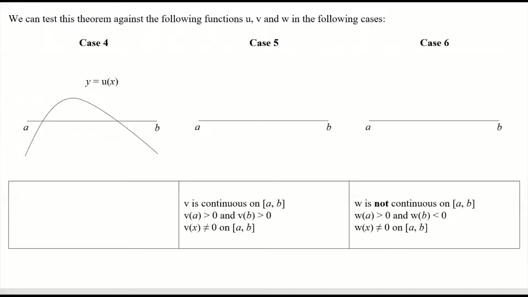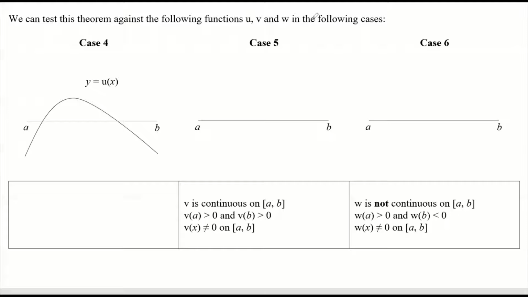So for case 4, we've got no description given here, but we do have a diagram. And what we're going to do for cases 5 and 6 is we're going to construct the diagram, the graph, the continuous graph, if it is continuous, of course, using the description we've got. So for case 4, let's have a look what we have here.